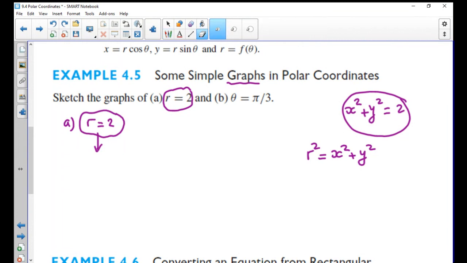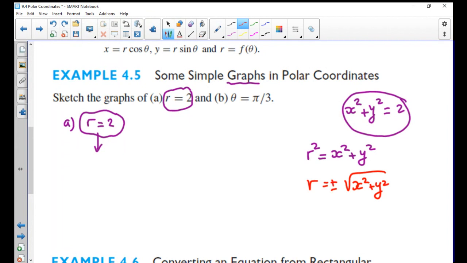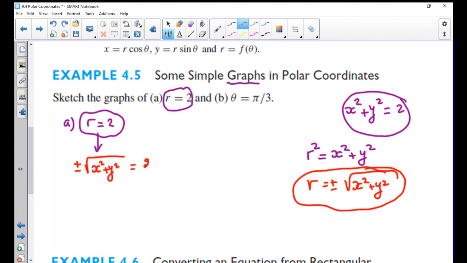So that means if I want r, in general, r will be the square root of, but maybe positive, maybe negative, we don't know, yeah? So r is something like this. So I can replace this here. So I can put plus or minus square root of x squared plus y squared is equal to 2.